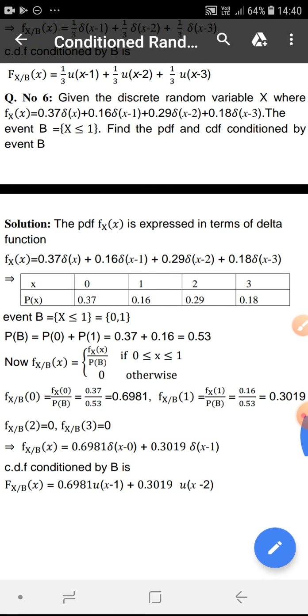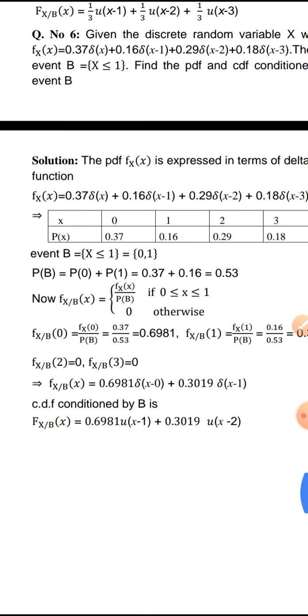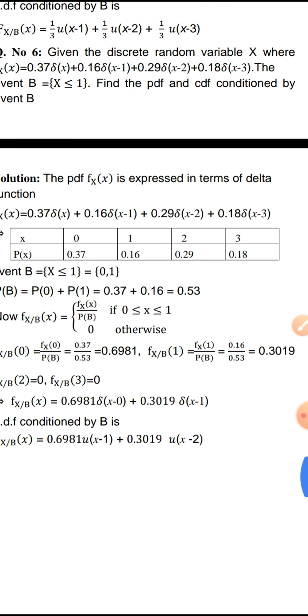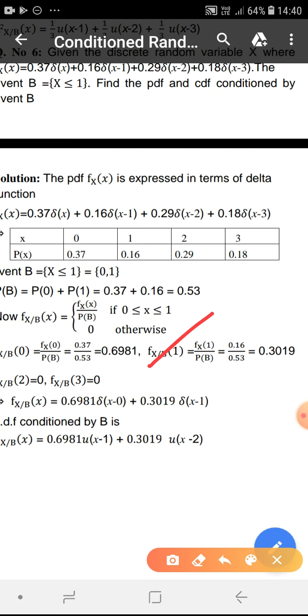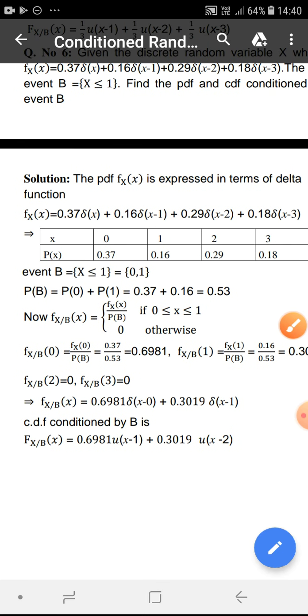Similarly, the conditioned probability density function at x equal to 1: put x as 1, f x of 1 divided by P of B. f x of 1 means probability of 1, which is 0.16, divided by P of B, 0.53. Calculation gives 0.3019. Then for x equal to 2 and 3, the conditioned probability density function values are zero.